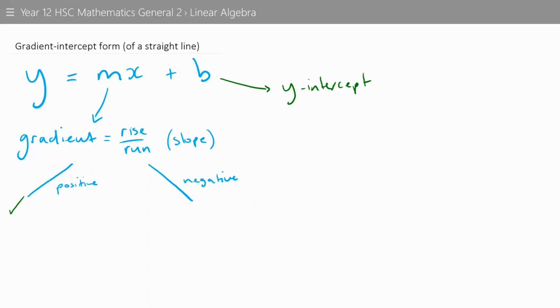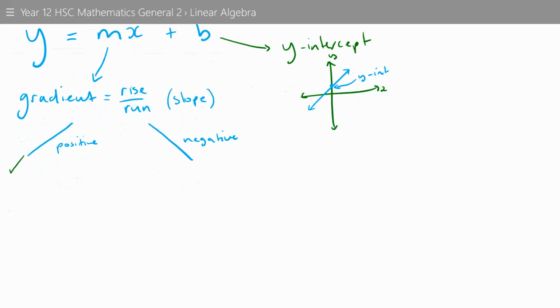Where does the line intercept or cross the y-axis? So this point here, that is the y-intercept, where it crosses the y-axis.